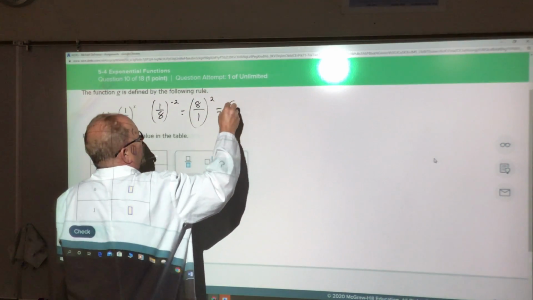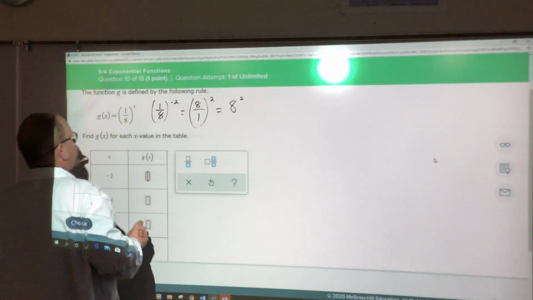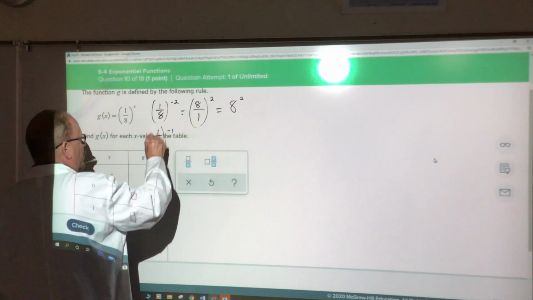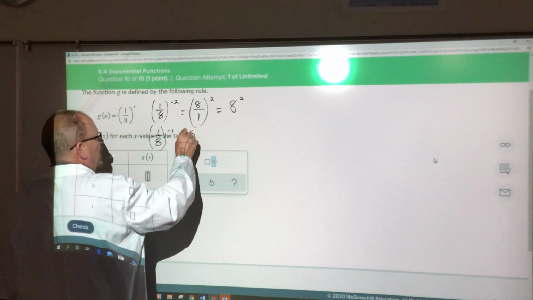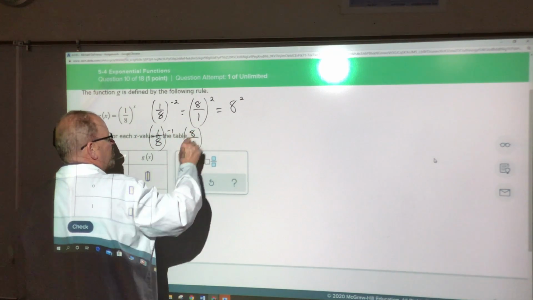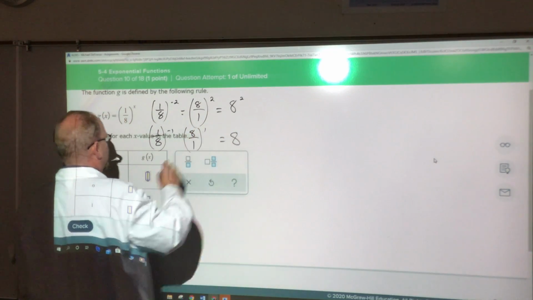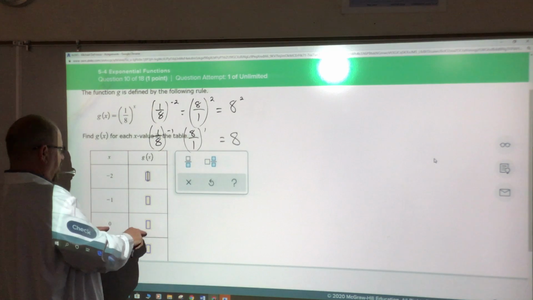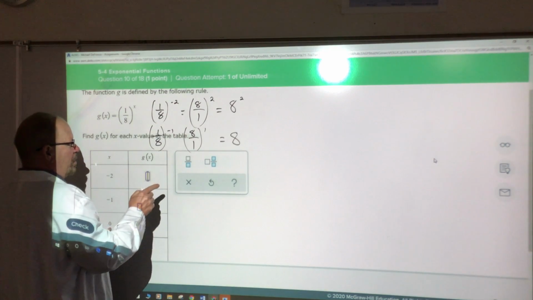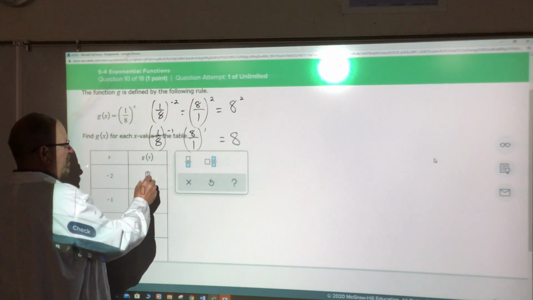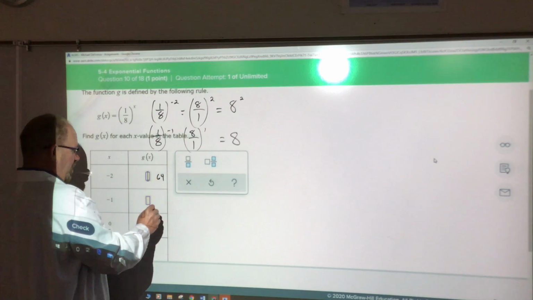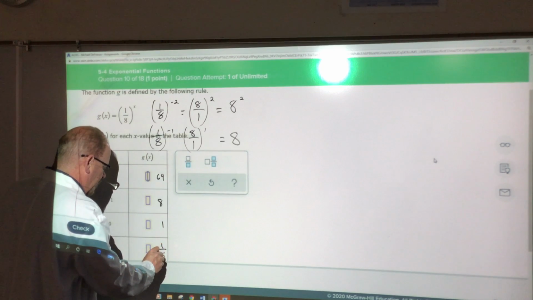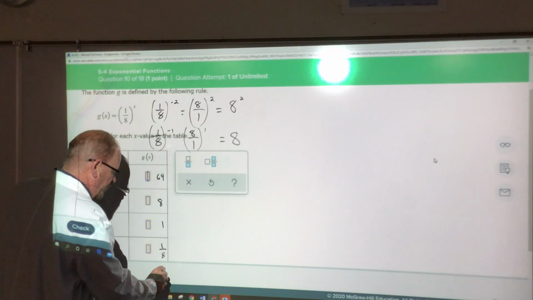It's the same as 8 to the 2. 1/8 to the -1, same as 8/1 to the +1, same as 8. Okay? 1/8 to the 0 is 1. So this is going to be 64, 8, 1, 1/8, and 1/64.